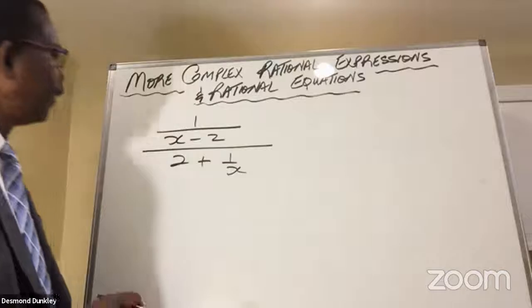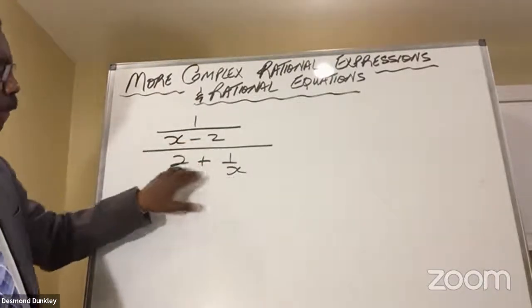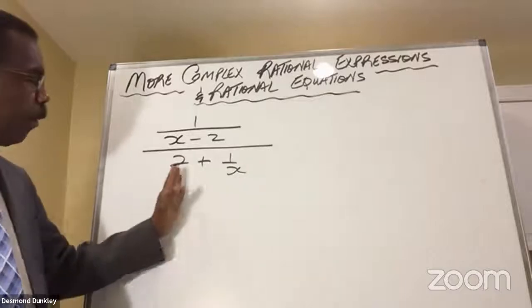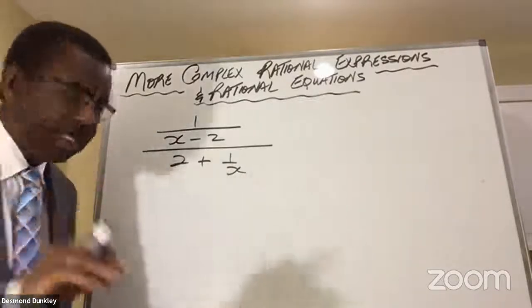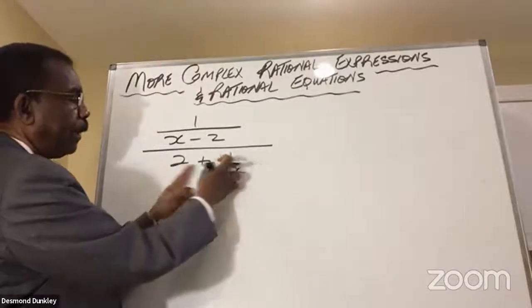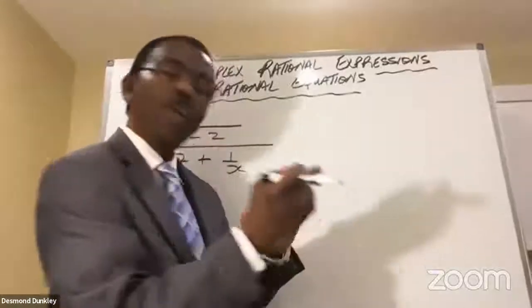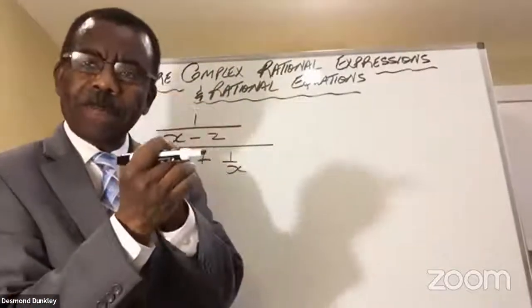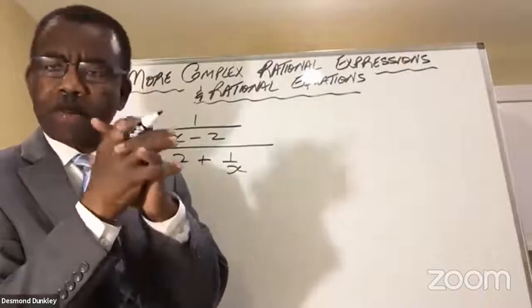Okay. So we have a fraction divided by a whole number plus a fraction. The recommendation is to make this into one fraction, and then whenever you're dividing by a fraction, it's a very important mathematical principle.